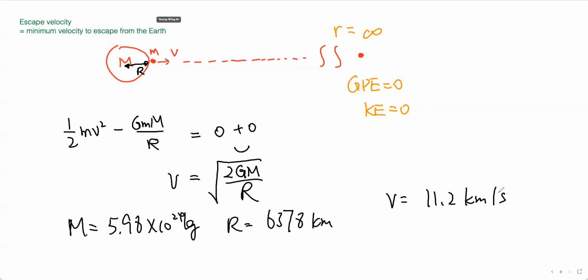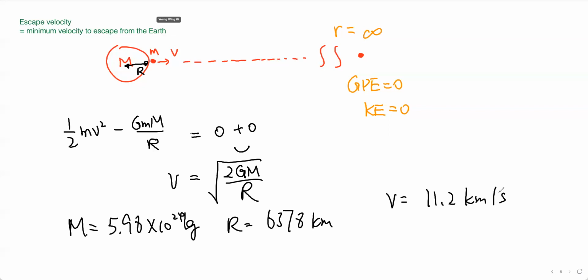So that means if you can eject any object on Earth with this speed, then that object can escape from the Earth. If you think about those rockets carrying a satellite, let's say wanting to go to Jupiter, then the rocket can achieve this speed at some point.